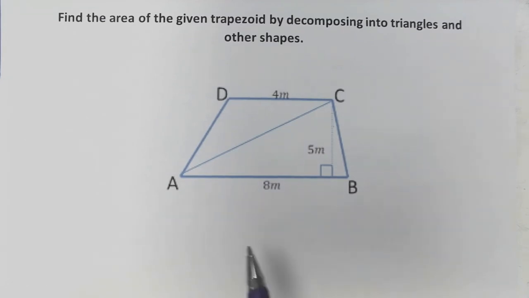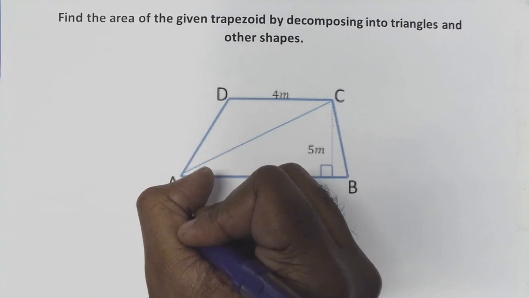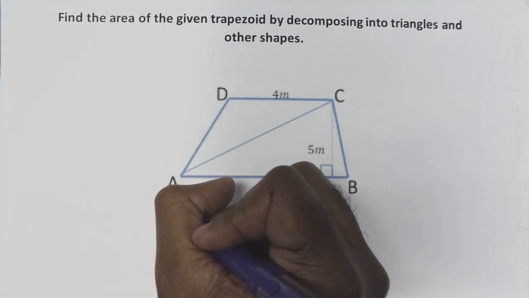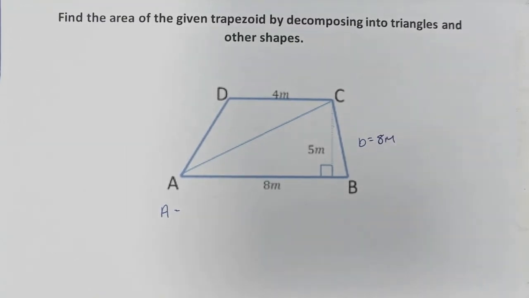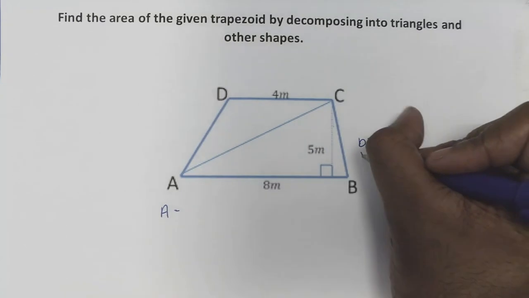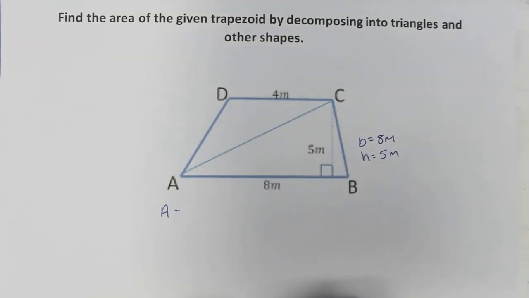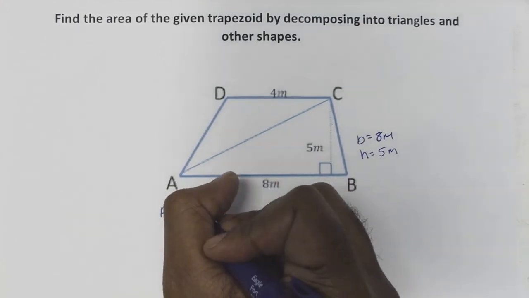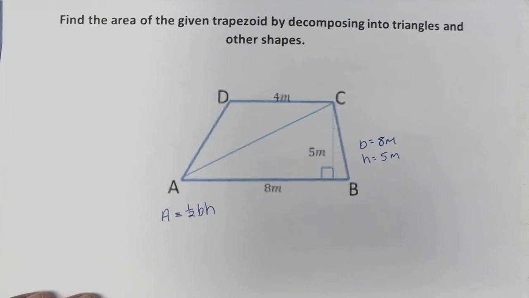So I know that my base of this triangle is 8. What about my height? Correct, it's 5. So now I know my formula. Area equals 1/2 the base times the height. I can start substituting.